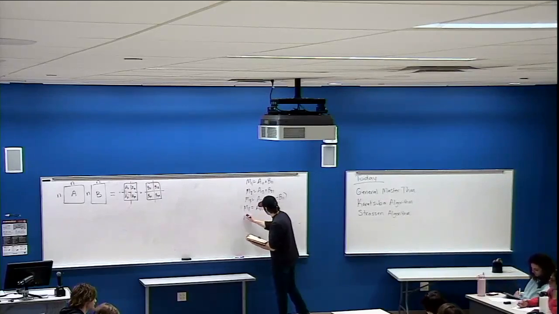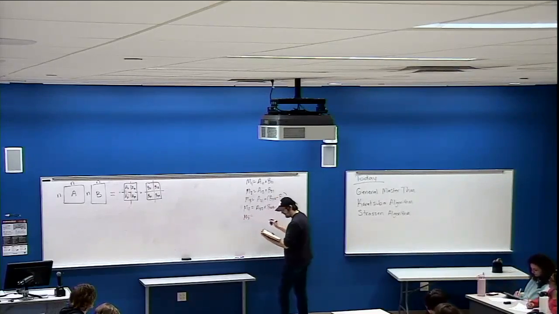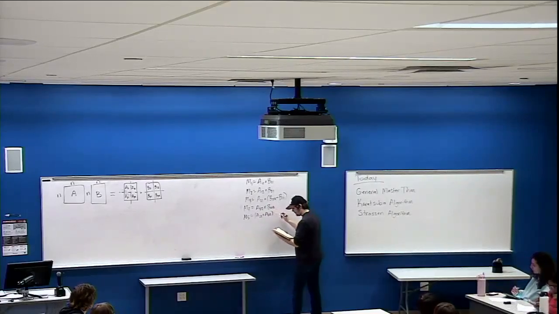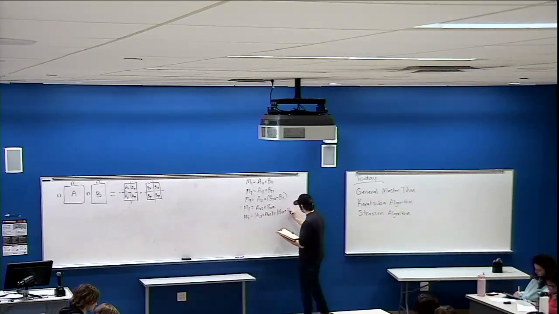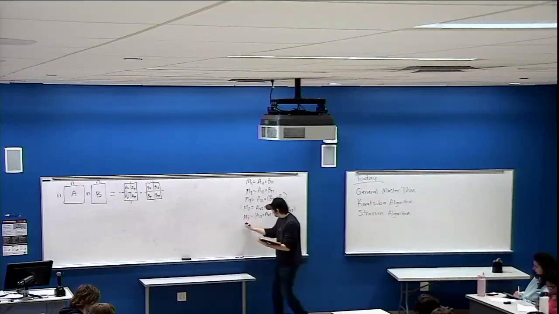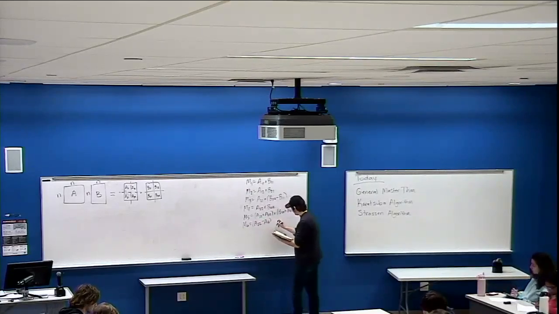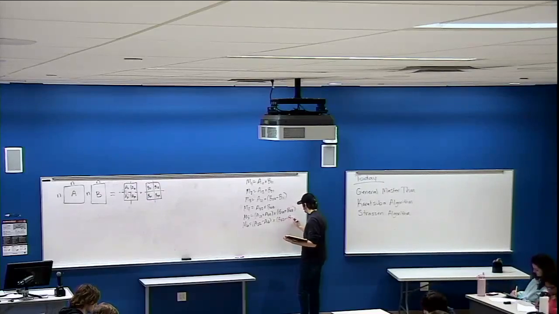And M5 is equal to A21 plus A22 times B21 plus B22. M6 is equal to A22 minus A12 times B22 minus B12.